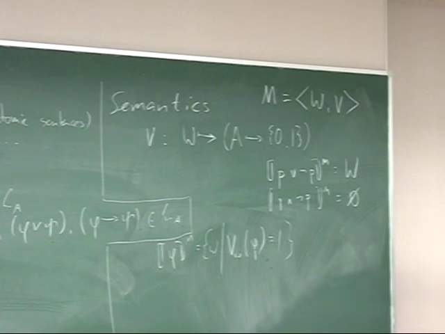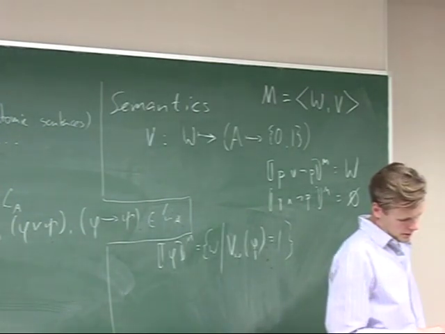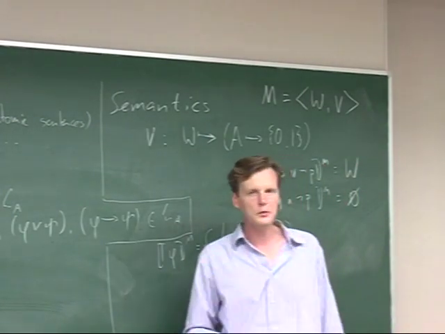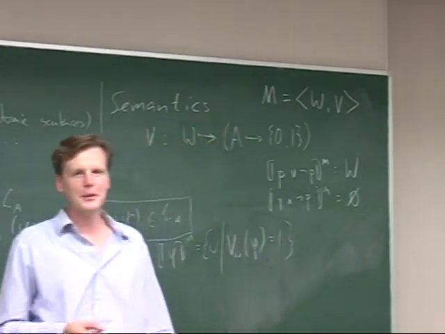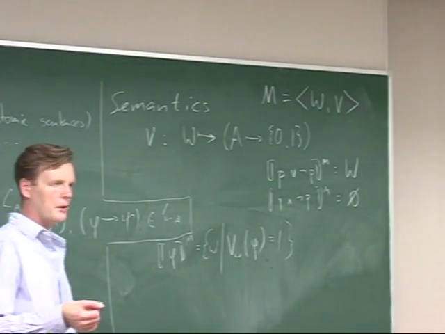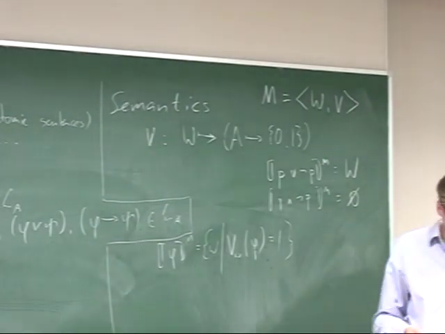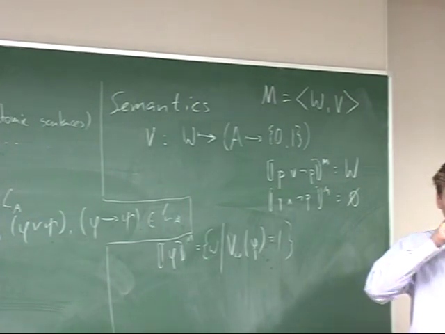Okay. And then a contingent sentence. That is something that is actually interesting, right? That's something that carries information, so to speak, because it's true at some worlds and false at others. And those are the interesting ones. Is that pretty clear? Yeah.